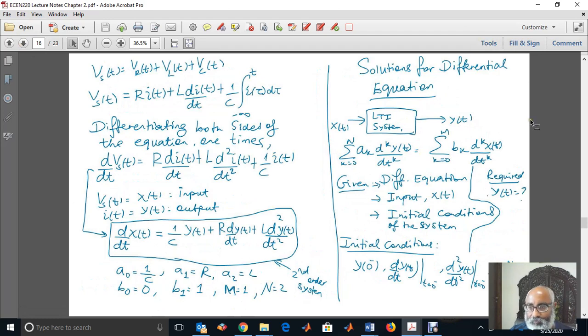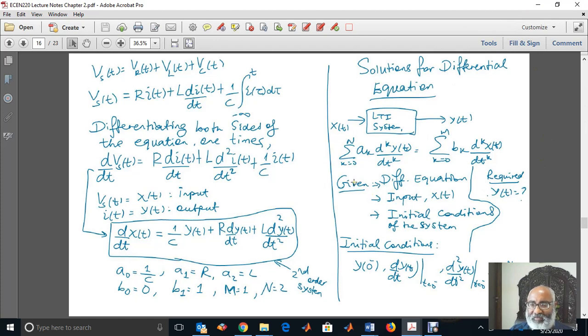Now, when we find the solution of this, as we said last time, we have two ways. One way is to find the homogeneous solution and the particular solution, and then the complete will be homogeneous plus particular, and we solve for the constants of the homogeneous solution using the initial conditions.